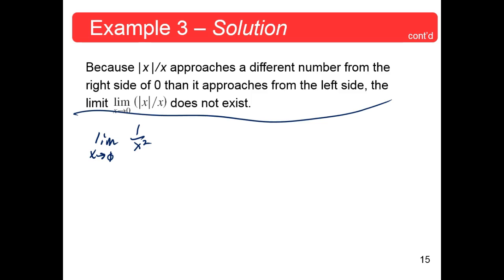In the old days, this was something that I found very helpful. If x is approaching 0, what's the numerator approaching here? Absolute value of 0. Always positive. But what's x approaching? 0. What's the denominator approaching?